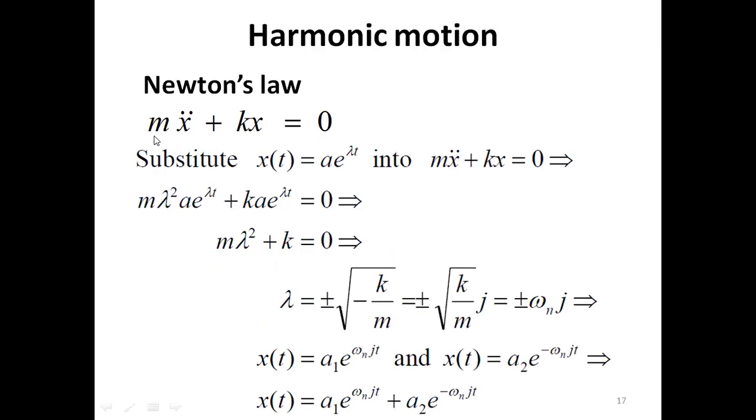We have the equation of motion for the system, and in order to find out the solution, we are using the eigenvalue problem. We are assuming that x of t is equal to A exponential lambda t. When we are making that assumption, we are using the eigenvalue technique or eigenvalue method to solve the differential equation, or in order to find its solution.